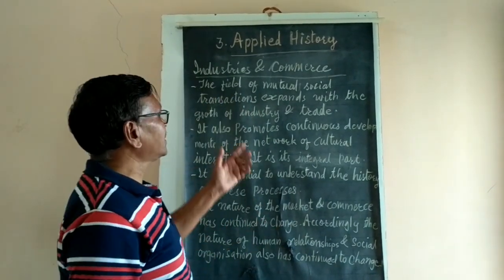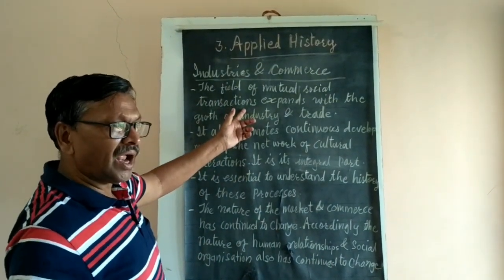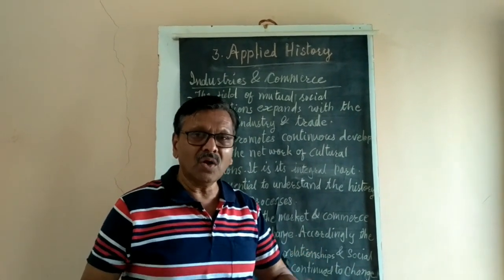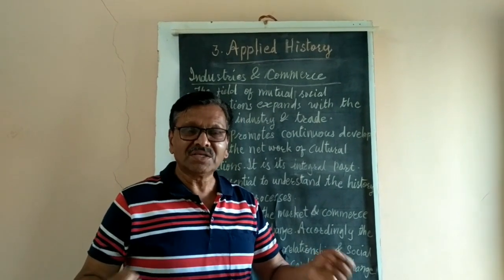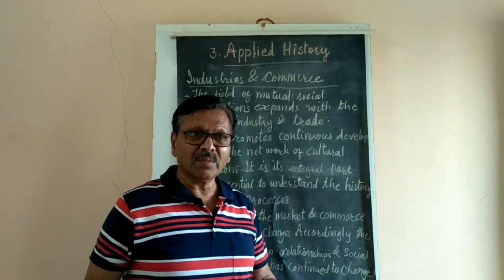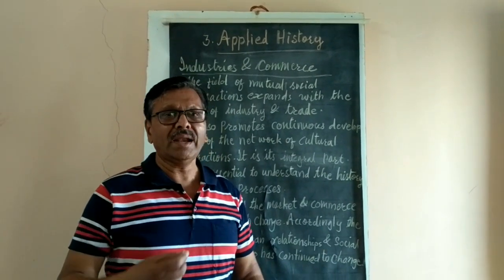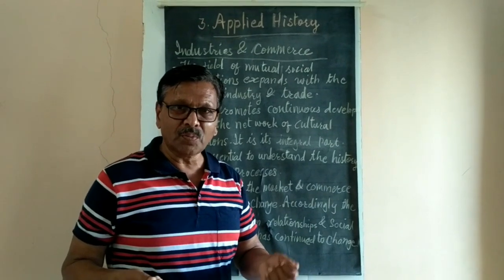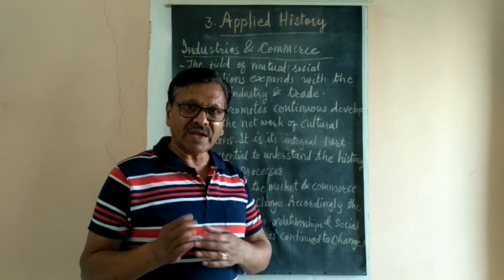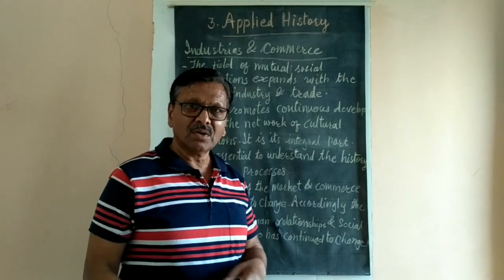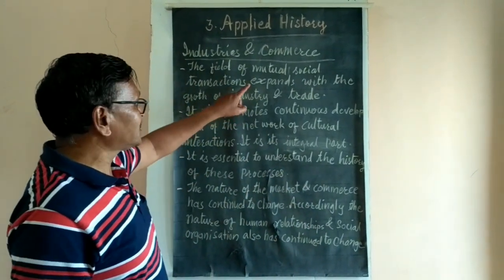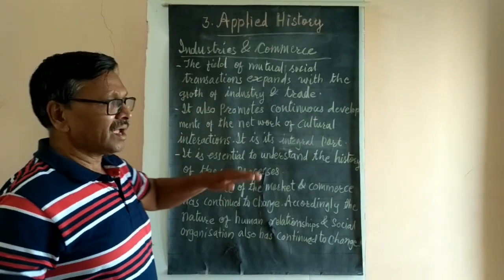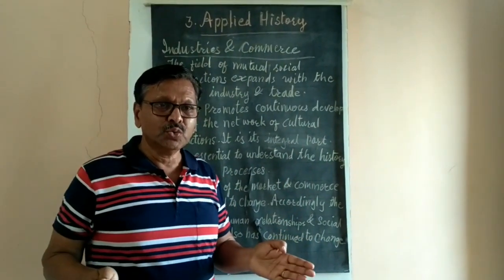Then transactions started with gold coins or silver coins, later on copper coins, and later on rupees, notes made out of paper. As transactions went on increasing, industries and trade increased too.